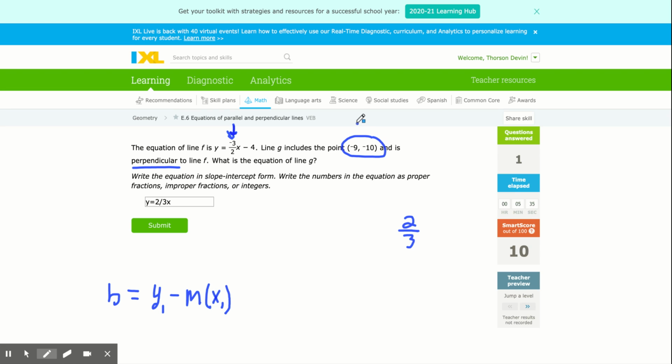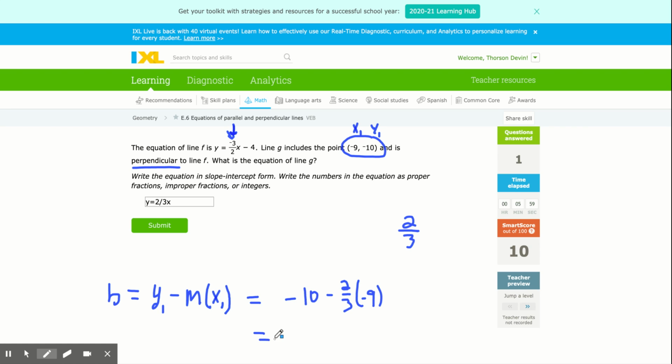So right here, remember, this is my x1, y1. So I'm going to take my y value of 10, and I'm going to minus off my slope. My slope was 2/3 times my x value of -9.